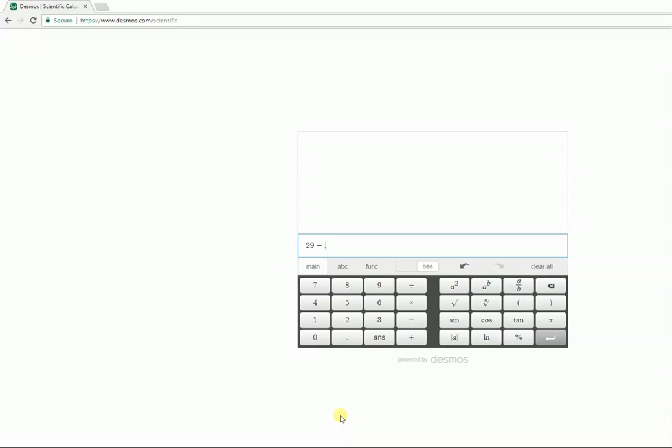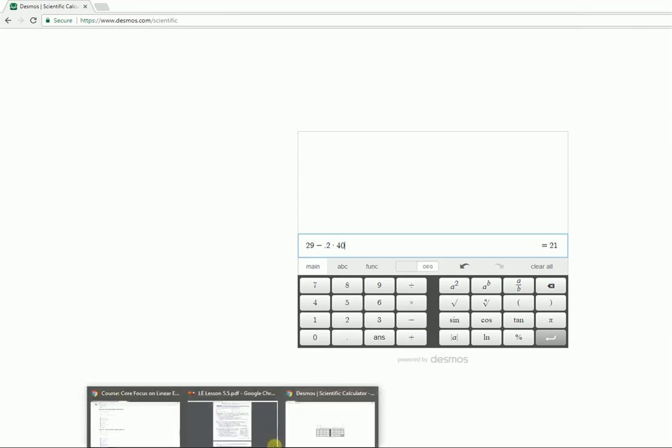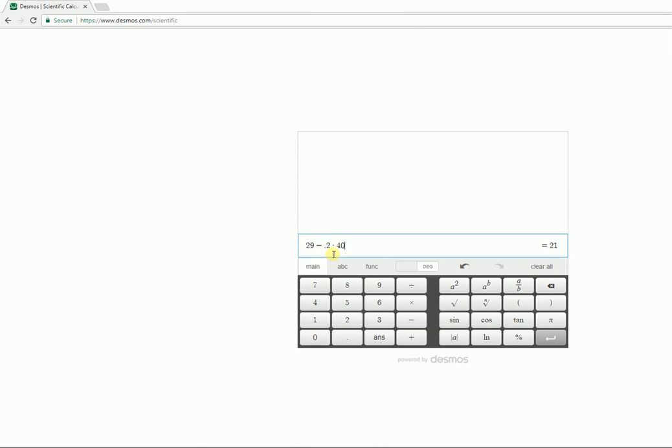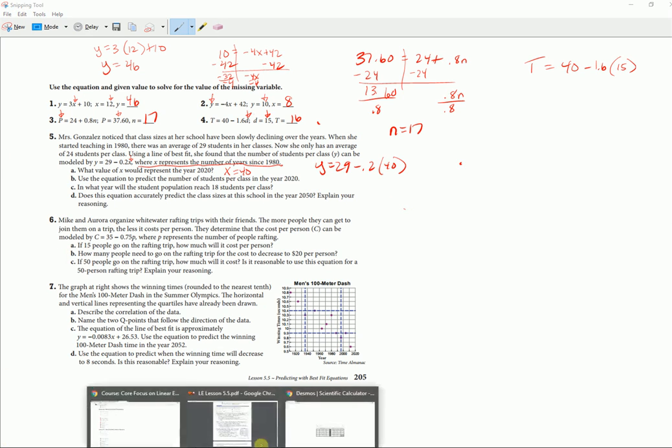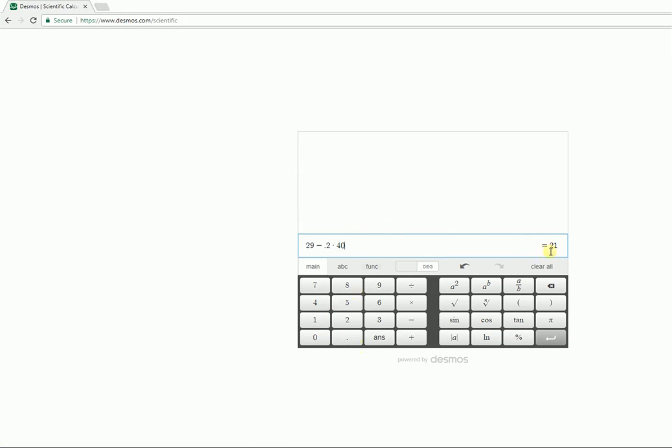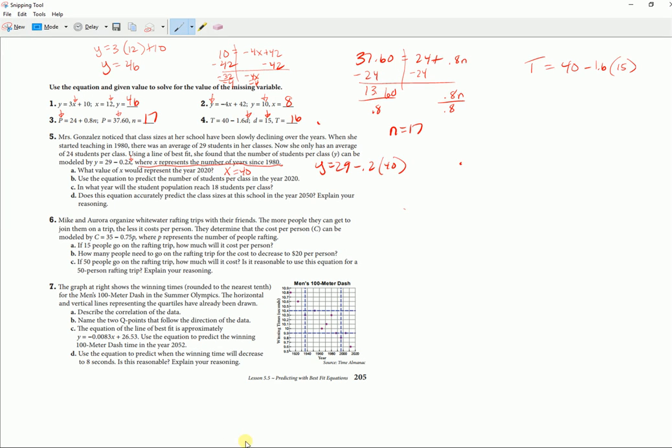It looks like 21 is the answer. I think I did that right. Jump back over here. I already forgot the answer. I really should have a second window open here. So 21 is the answer we're going to write down, and that is part B, what I just did.